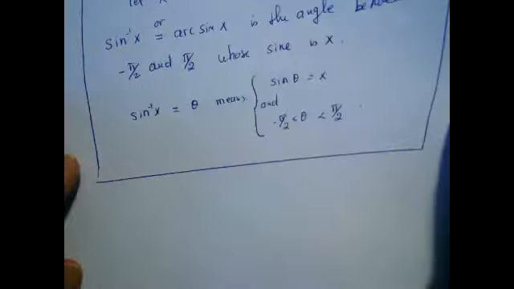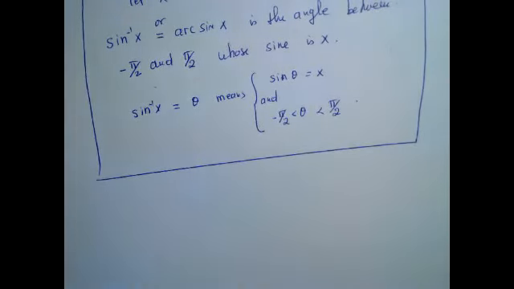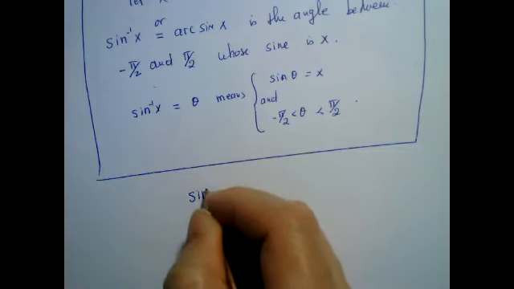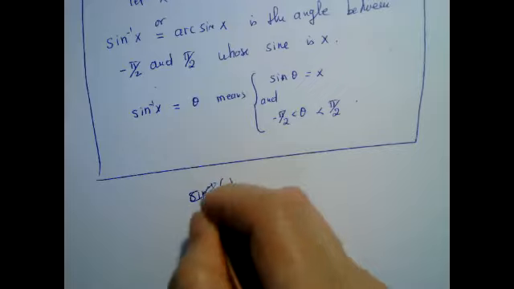Okay. So let us say I give you the following. I'm going to pick up my calculator. Suppose I tell you sine inverse of 1, for example, sorry, not 1, my apology.